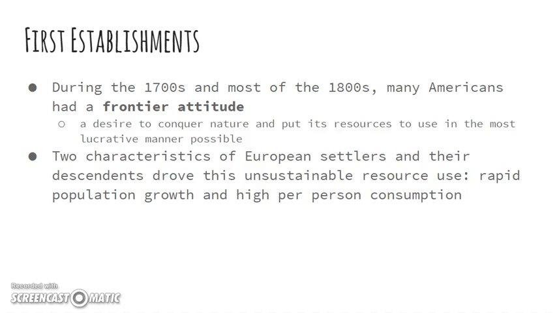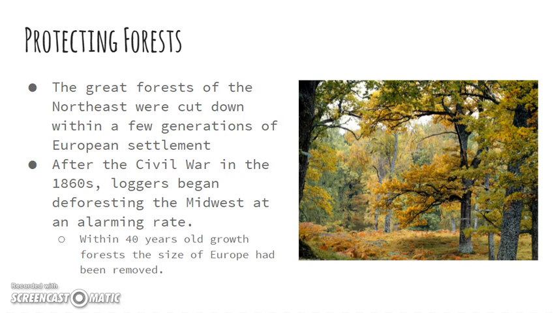And that was, we had a rapid population growth and a high per person consumption. So we started using all of these resources that we had, and we also started living longer, and we started having more people, and that really started to drive into the ground the resources that we did have. So it started to become a problem, but we really didn't see it immediately.